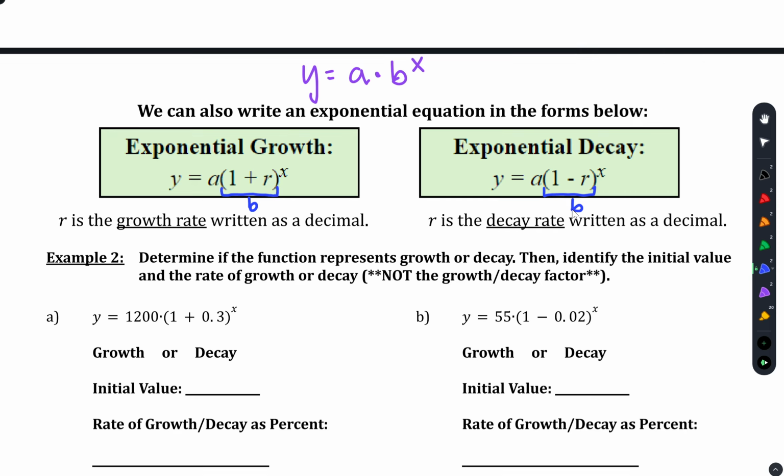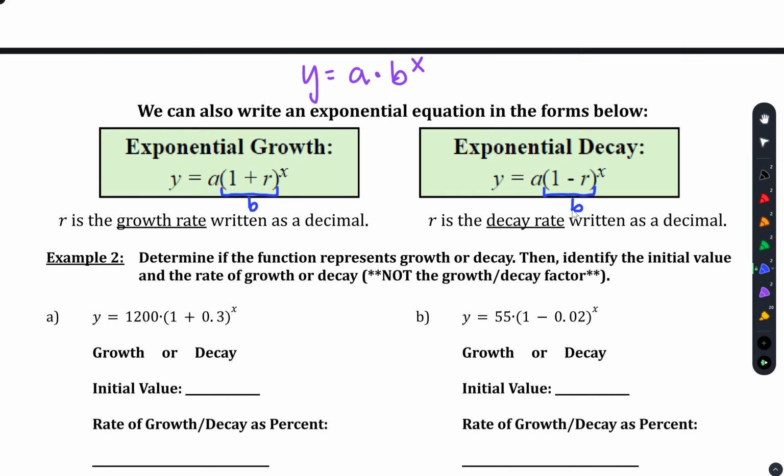Our b value, if it is above 1, we're basically saying how much further than 100% did I grow. So it is 100% plus something else. That's meaning I'm growing by some kind of rate. It's above 1. If it's decay, I'm saying how far under 100% am I? 1 minus this rate. That's our b value.